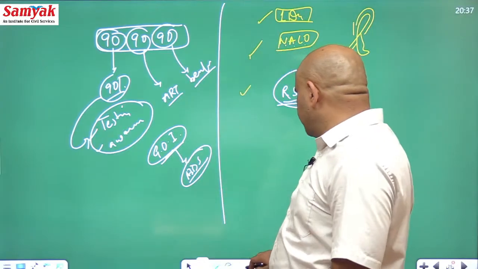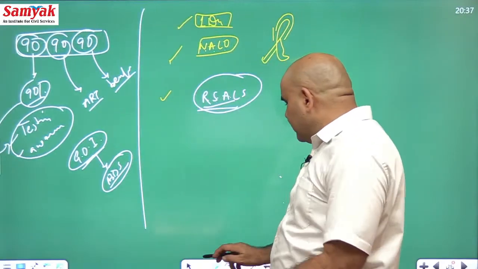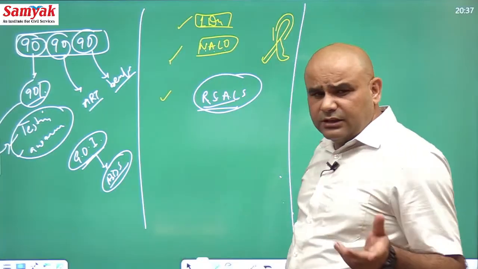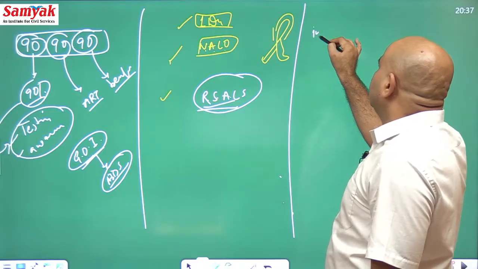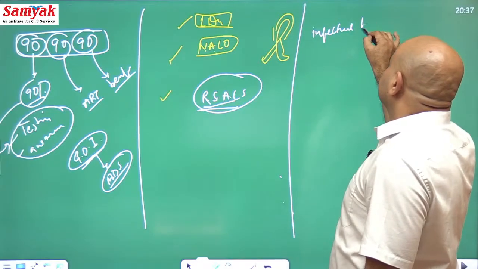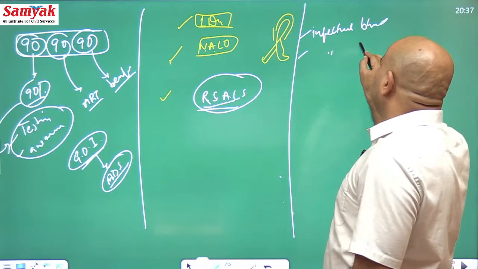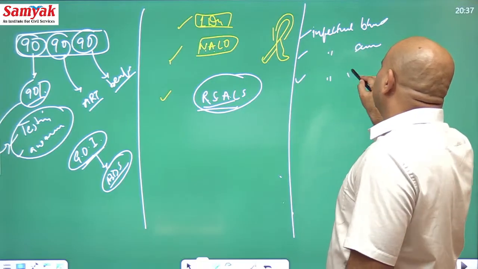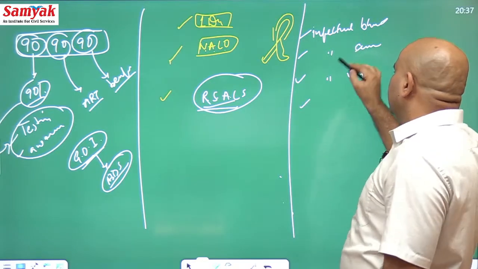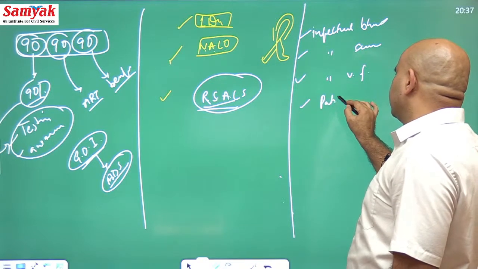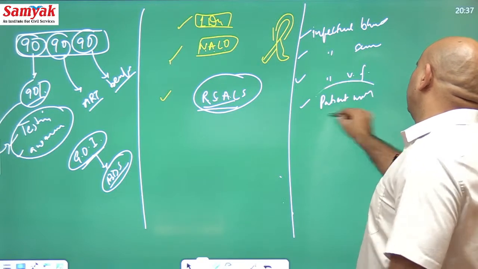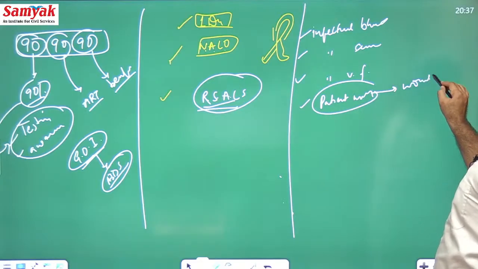Now, the cause of spread of HIV has been asked in the prelims also, in 2013 I think they asked it once. So you have to remember: infected blood, infected semen, infected vaginal fluid, or from the patient mother to the baby who is in the womb.